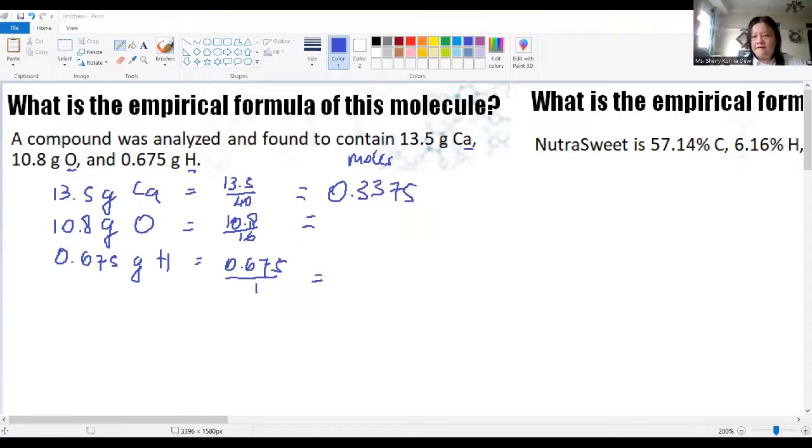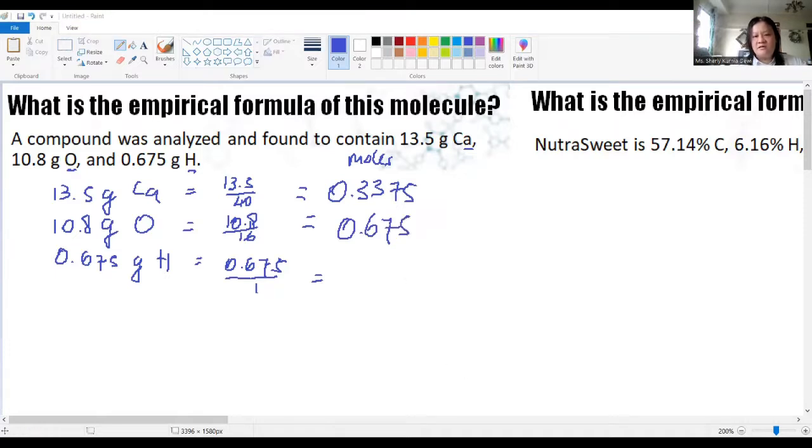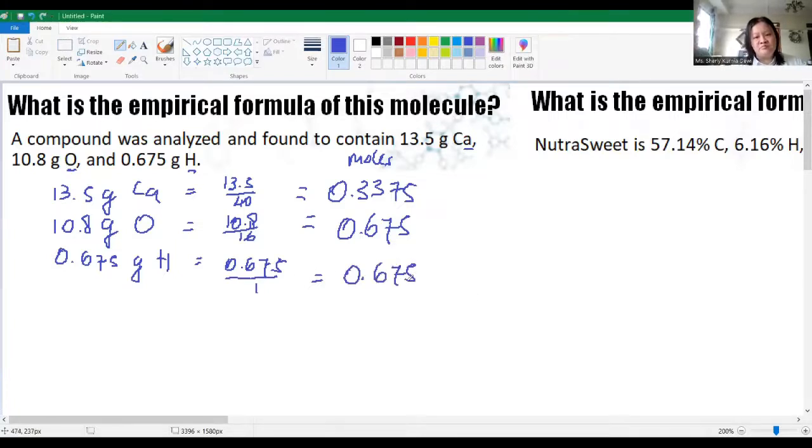And then 10.8 divided by 16 is 0.675. And then the last one, hydrogen, is 0.675. Next, we have to make the ratio.